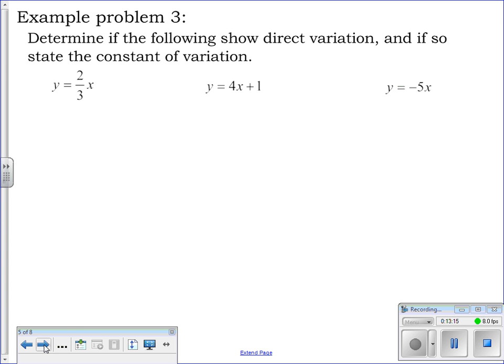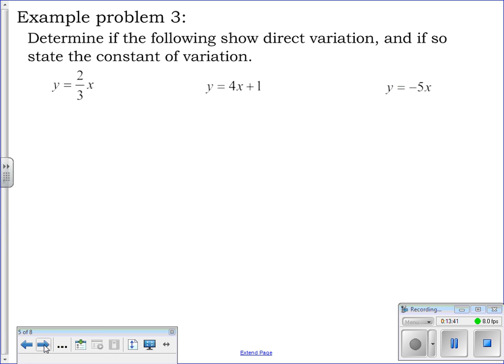If you have an equation and you want to know whether it's direct variation, here's the thing. It has to look like one of these two in some form or another, where k is some numerical value. Does the first one look like either one of these?